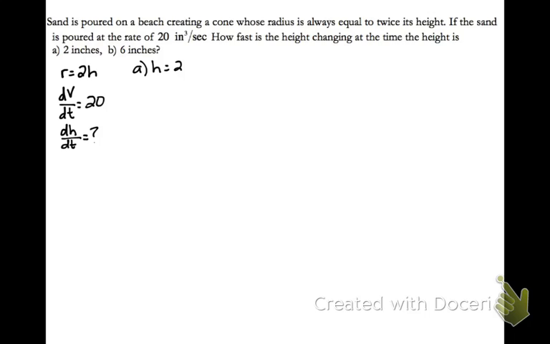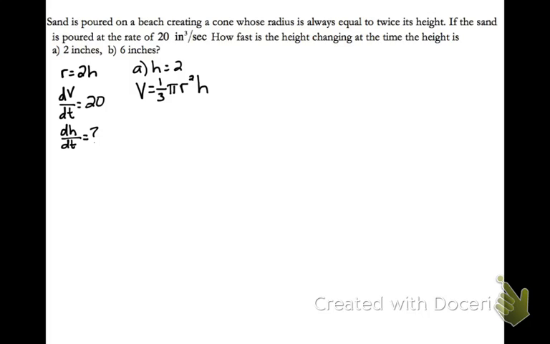So the volume of a cone is 1/3 pi r squared h. And everything in this case is in terms of height and volume, so it's going to be necessary to make that substitution.